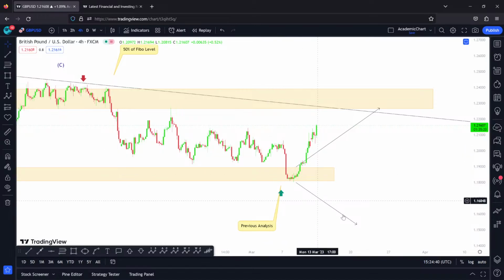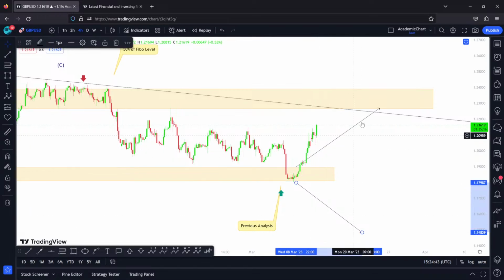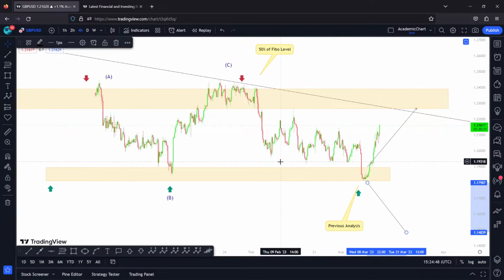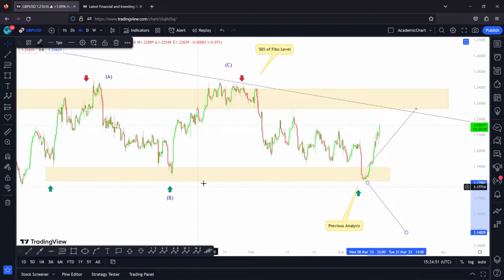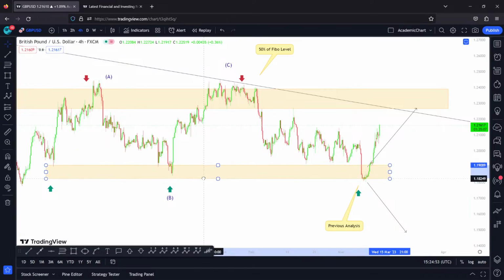That's the main reason that I popped out the second scenario of this reversal, because I didn't see that this wave is powerful enough to break this almost daily important support zone.